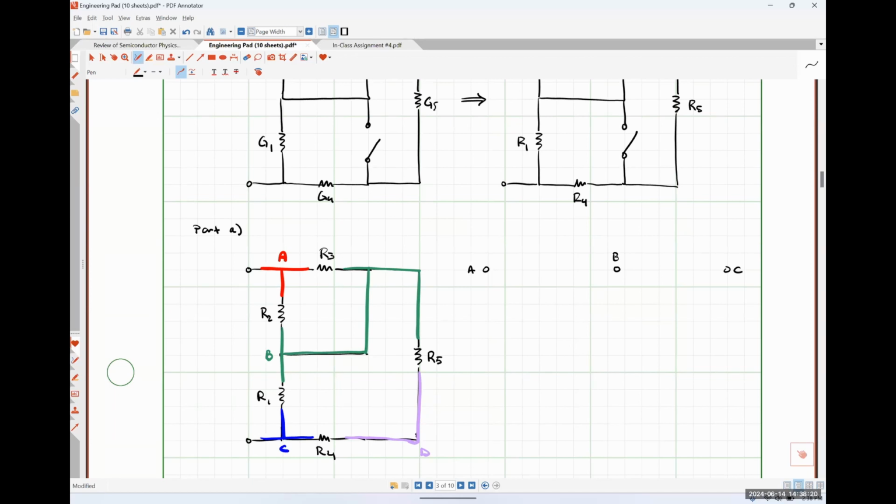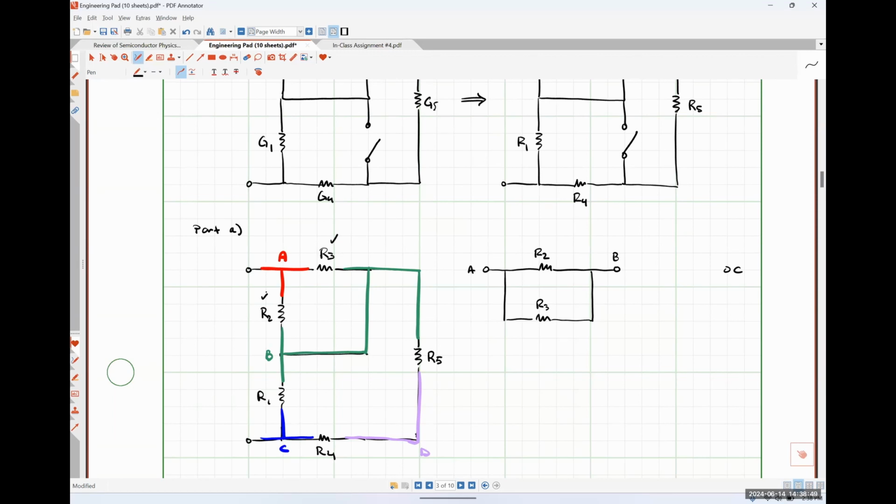To go from A to B, I can go through either resistor R2 or resistor R3. So I'll put R2 on top. R3 like so. So I've got this guy taken care of and this guy taken care of.